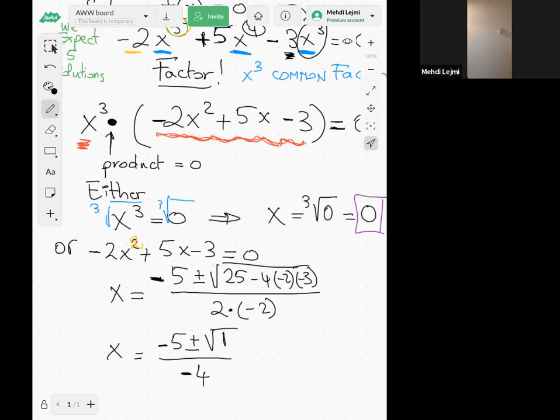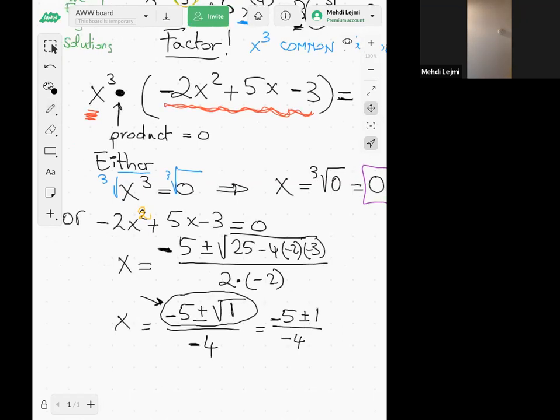So be careful, guys. Here, you have to finish the operation on the top. You cannot make any cancellation here. First, you finish the operation on the top. So it's -5 plus or minus 1 over -4. So actually, we're going to have two different solutions here.